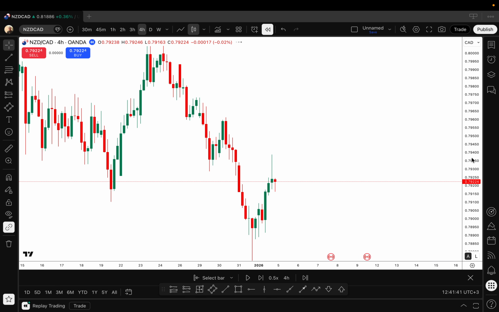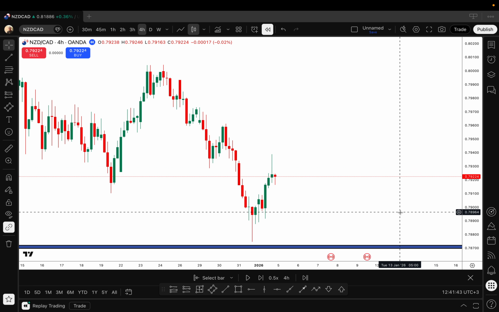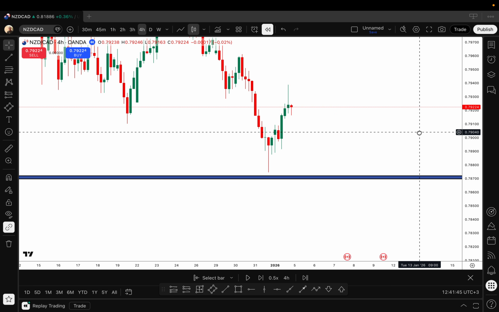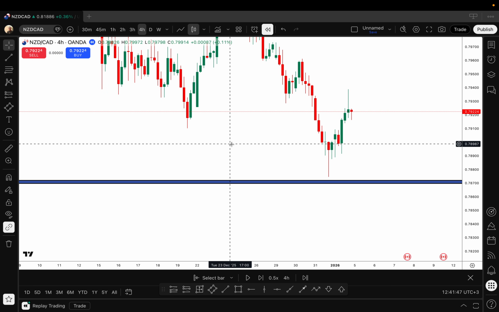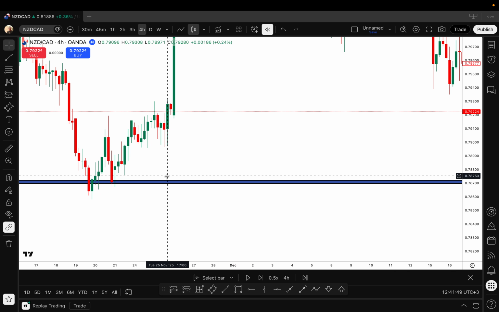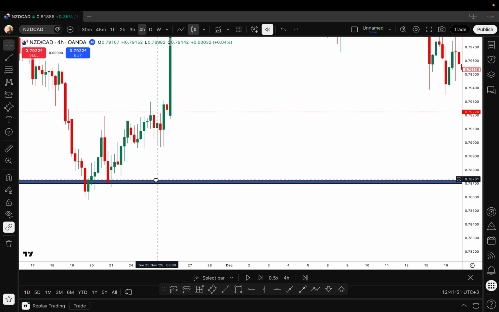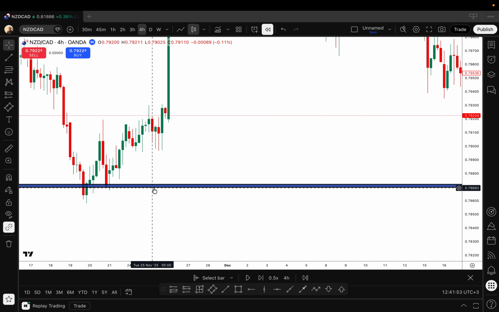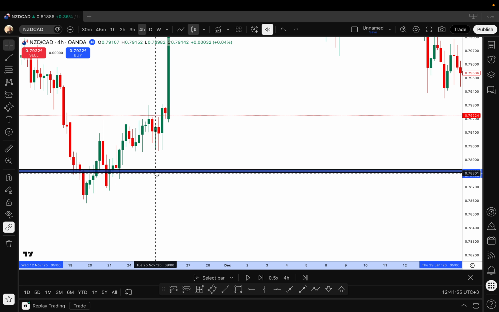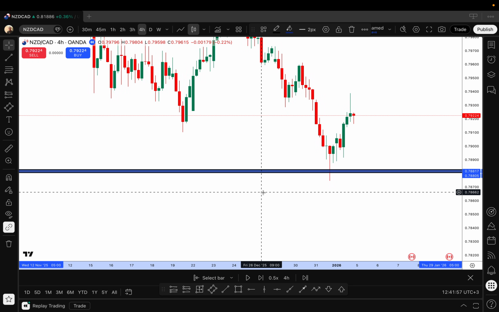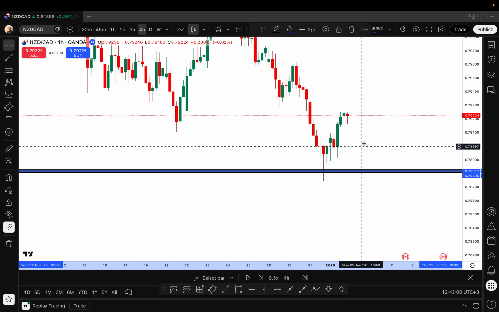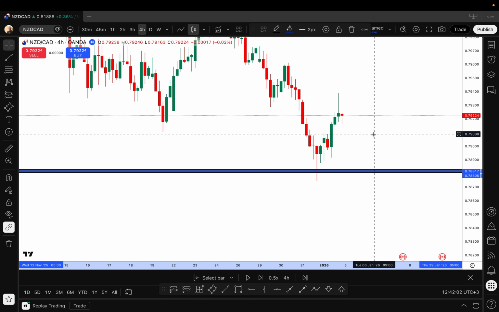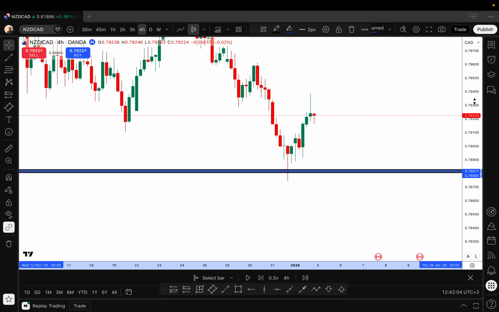When you come to the medium time frame, there's nothing significant you can see. Maybe we can refine the support zone up to around this zone here, which is going to accommodate this wick here. But other than that, there's nothing that you can see.